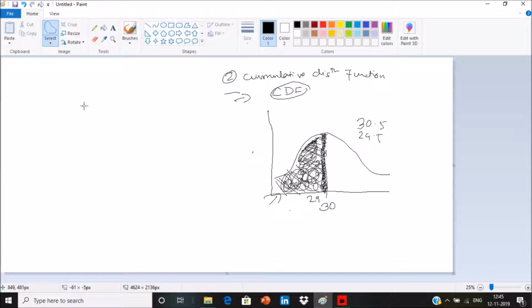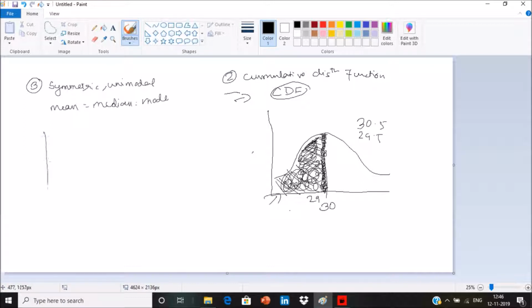So now let's look at the third important characteristic of a normal distribution, and the third characteristic is that it is symmetric, it is unimodal, and coincidentally the mean is equal to the median as well as the mode.